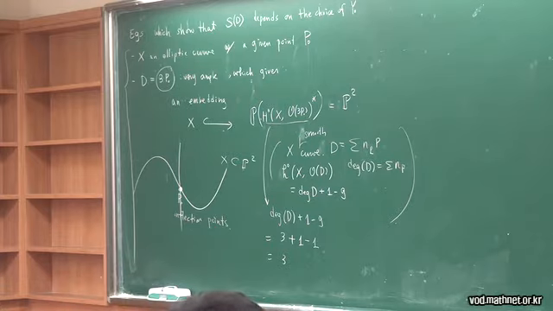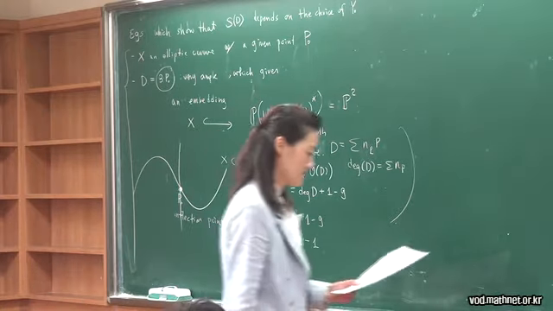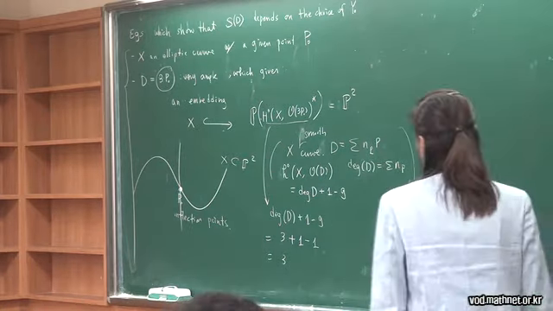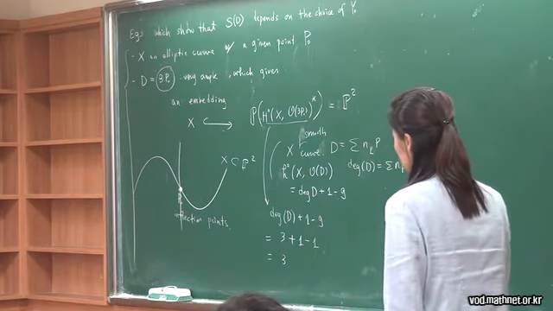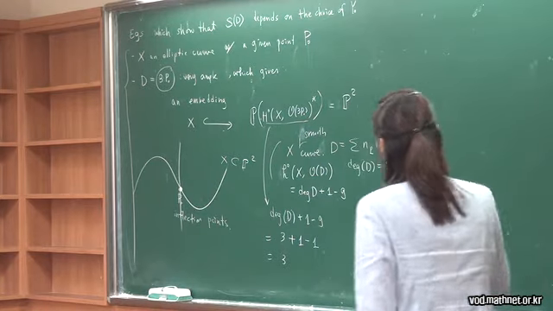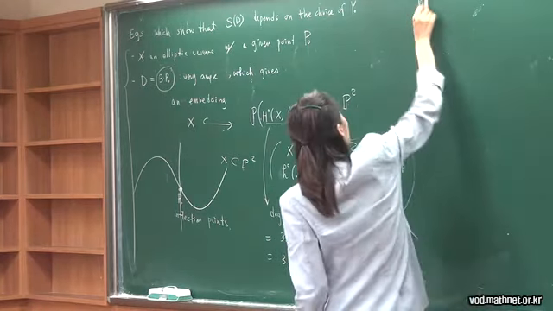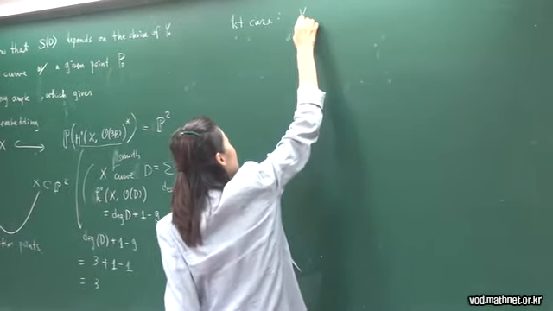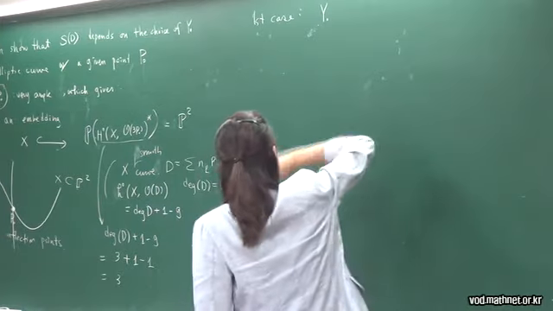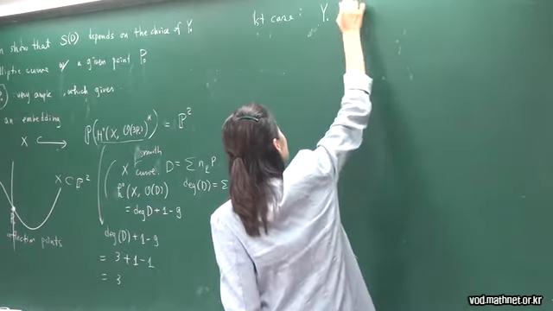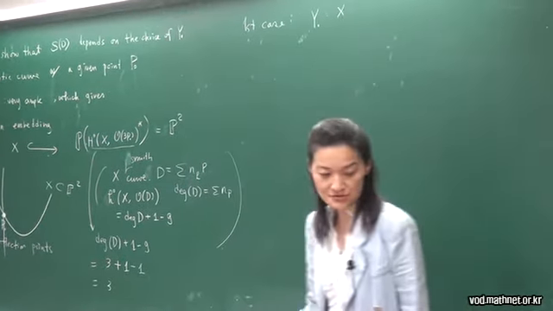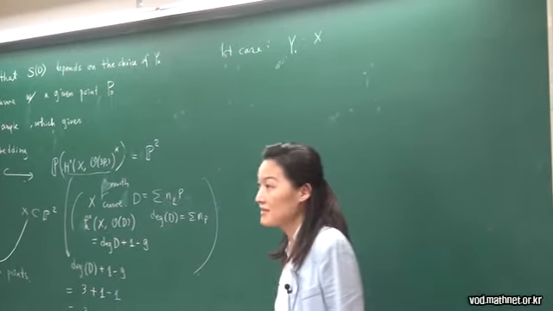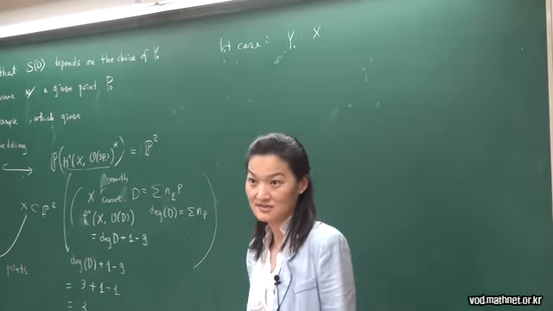Now, first case, let's choose a flag, an admissible flag. Because X is a curve, choosing an admissible flag is nothing but choosing one point.